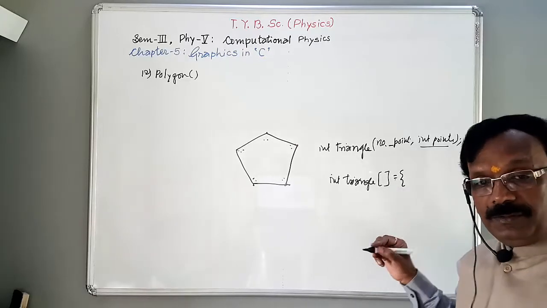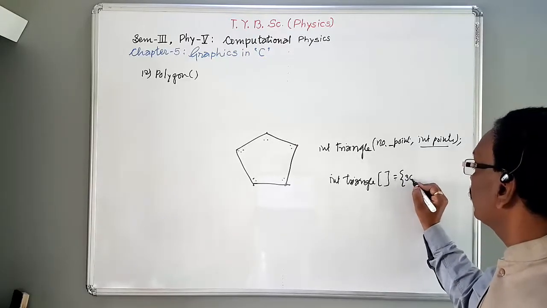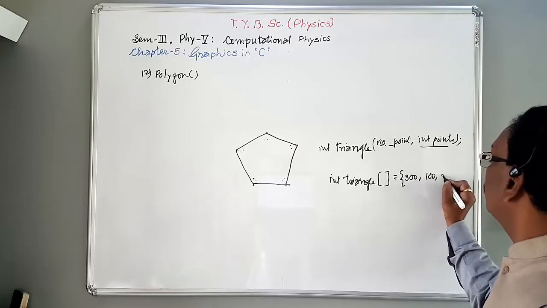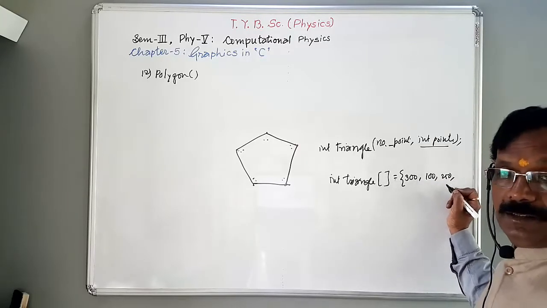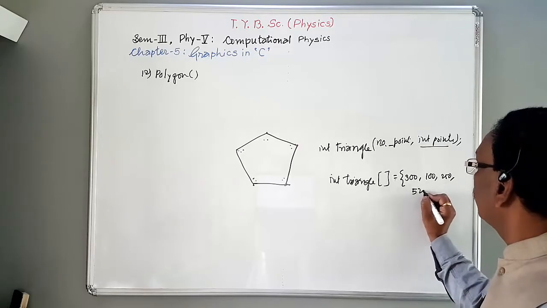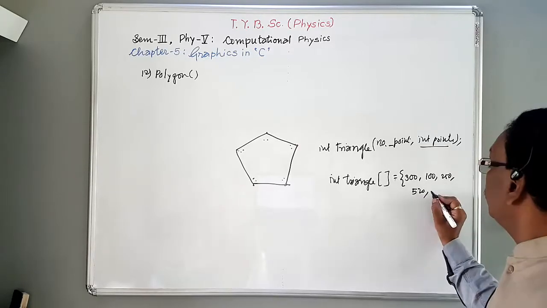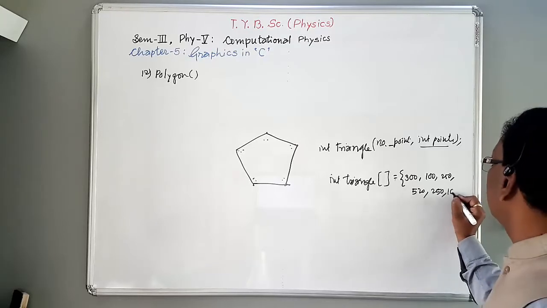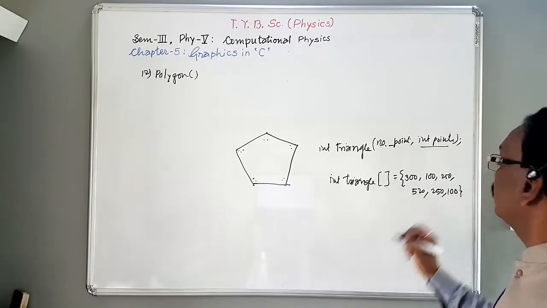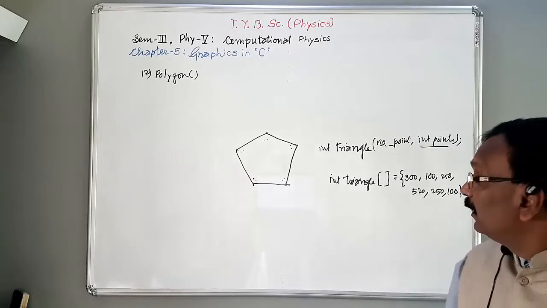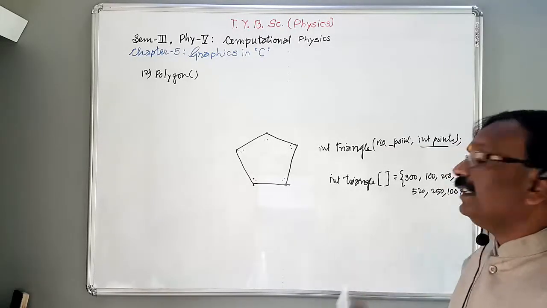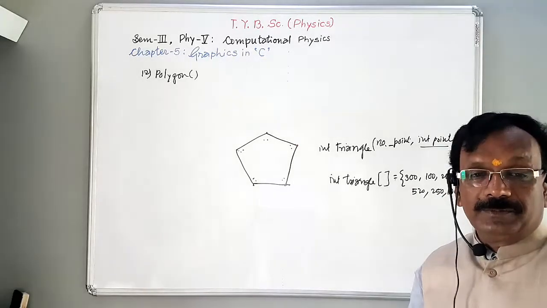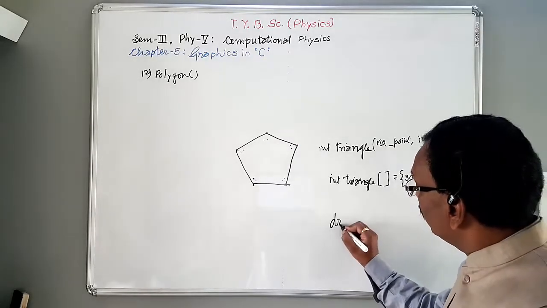You can give the points like this: suppose 300, 100, 250, then 520, again 250, again 100. Suppose this is the array. In this array, triangle is the name of the array and the data type of all the items is integer.